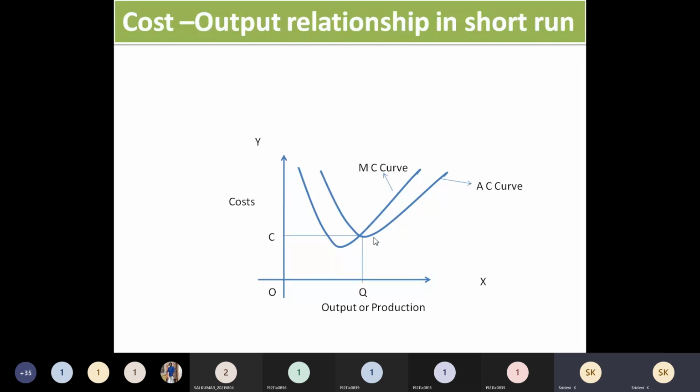So average cost and marginal cost increase, which will increase your cost of production. That is the reason you need to identify this optimum cost and output relationship here. The optimum cost is OC, and the optimum output is OQ.